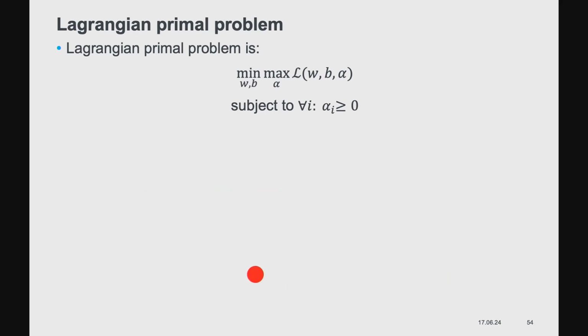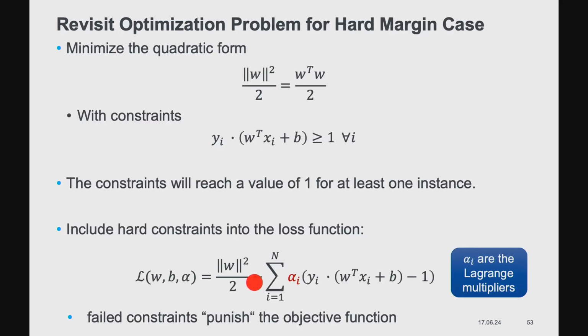The Lagrangian primal problem now is that we look all the time for the minimum of our loss function, over our w and our b. But what we want to have is a maximum for our alpha. So when is this constraint best fulfilled? It is best fulfilled when this alpha is a very large number. We said before, when the alpha is infinite, then we have a hard constraint.